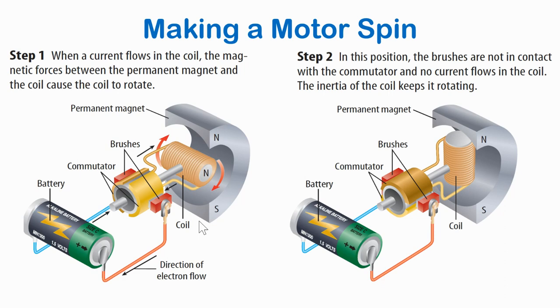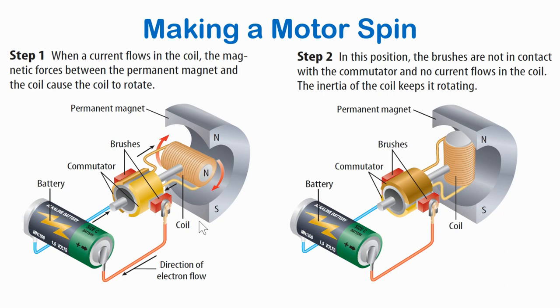The brushes are just where the wires are touching the thing that's rotating. As the brushes touch the commutator, it allows electricity to go through, and every time it passes the gap, that gap causes a switch in the north and south poles, because when it used to have a negative charge going through it, it now has a positive charge.